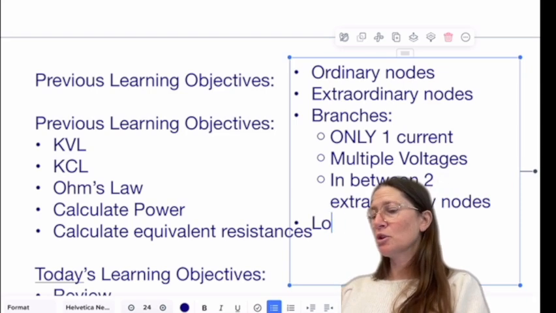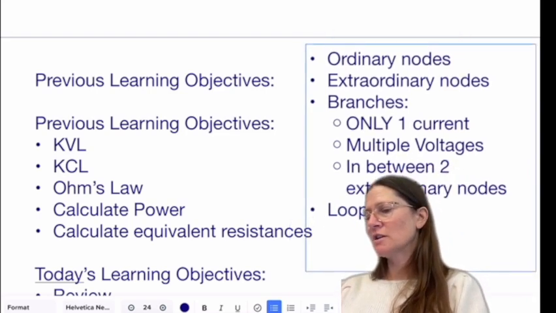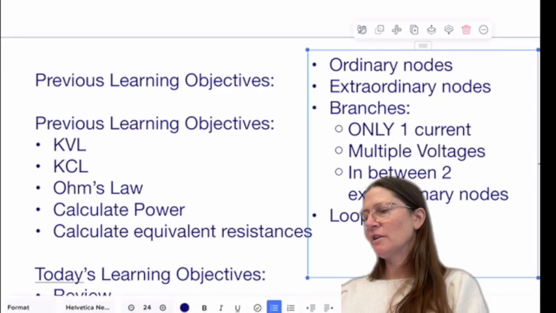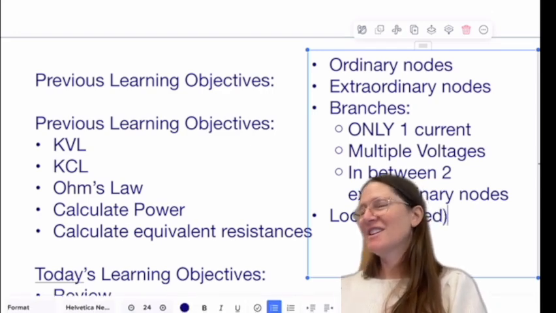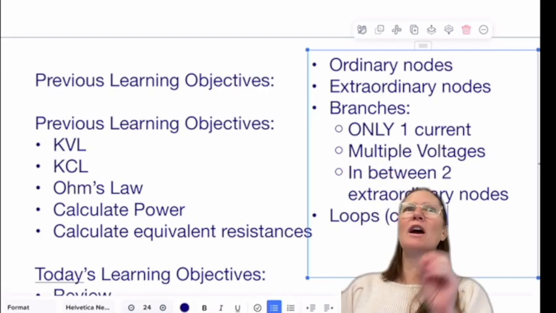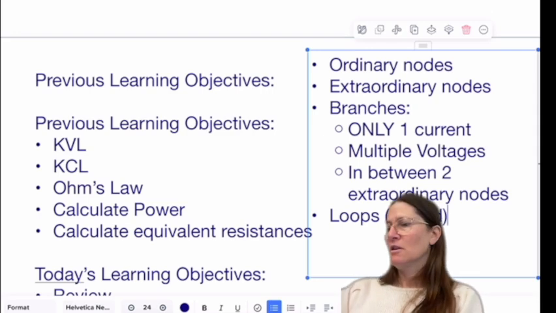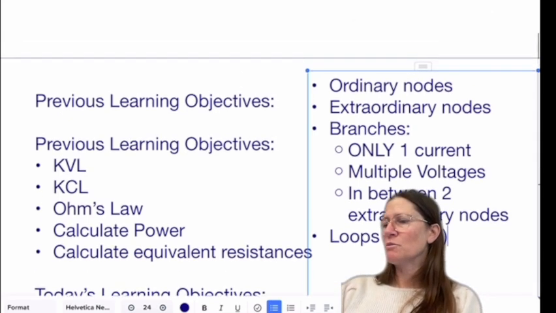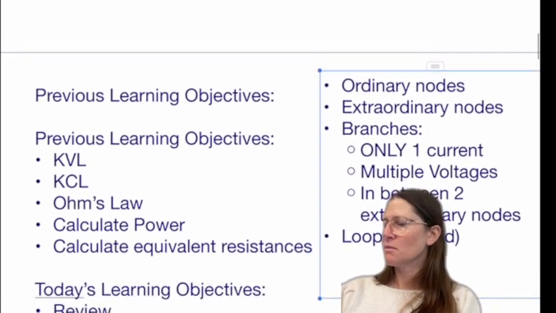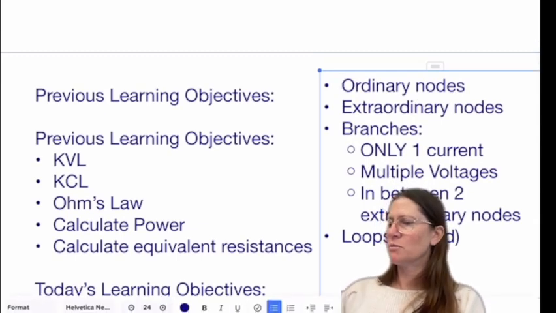Great. Loops, we also went over, and a loop is a closed loop, meaning that you have just one pathway from one point back to that point. So those were some of the terminology that we learned.